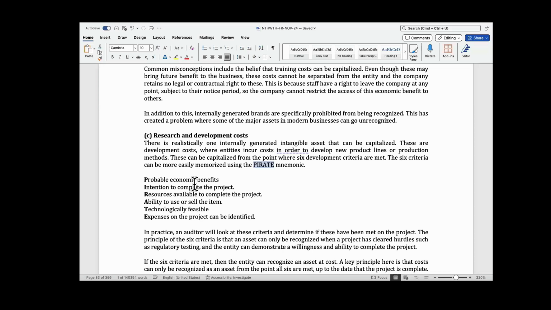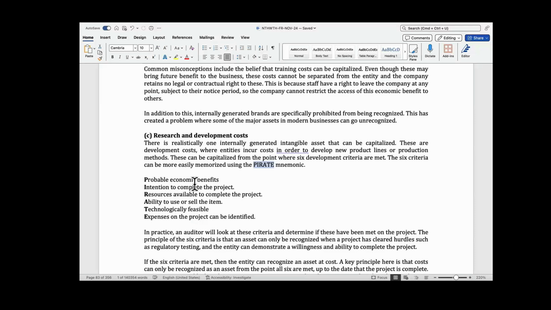But the reality is that it's research and development. So you either expense research and development or you capitalize. There is nothing like all research costs are expensed and all development costs are capitalized. Some development costs can even be expensed. So I see it as research and development costs: if it meets these 6 criteria, you capitalize them; if it doesn't, you expense.